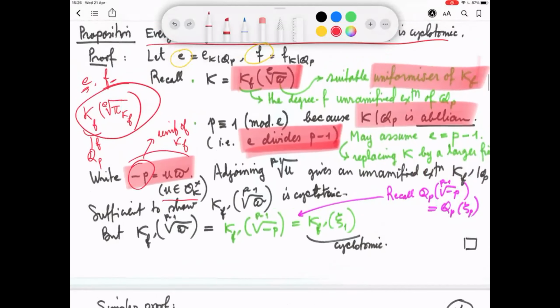Now, if I adjoin a p minus 1th root of u, I get an unramified extension K prime of Qp.